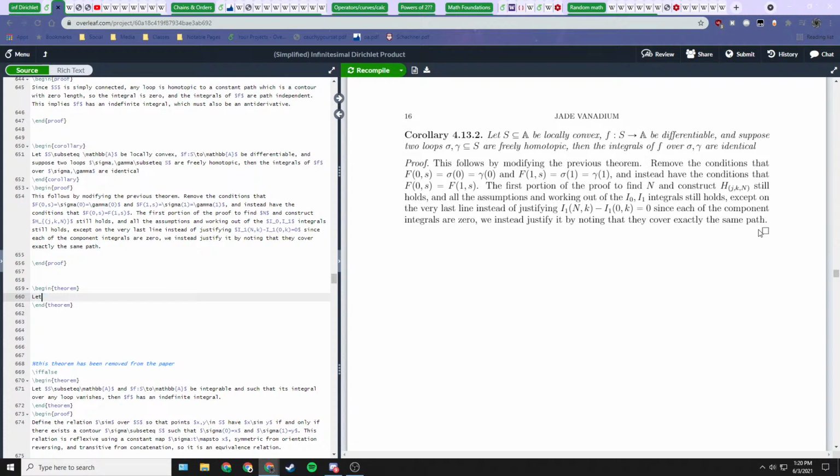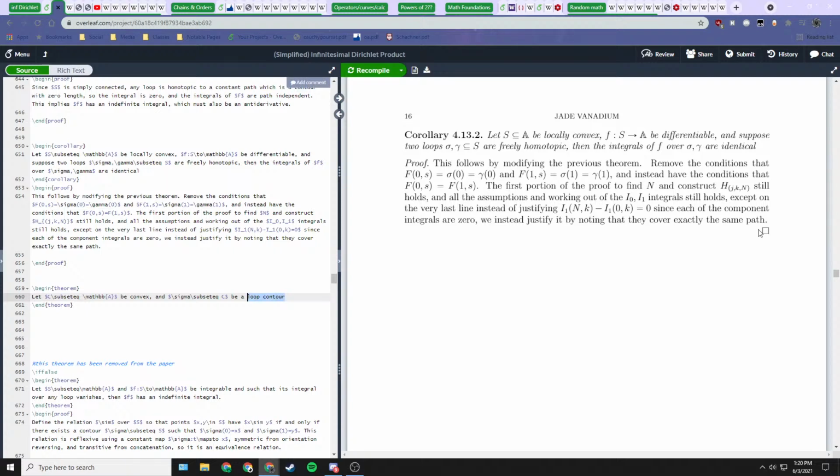Okay, so we can say let C subset of A be convex, and sigma subset of C be a contour.